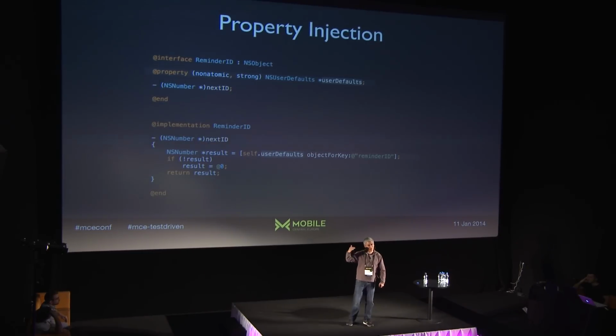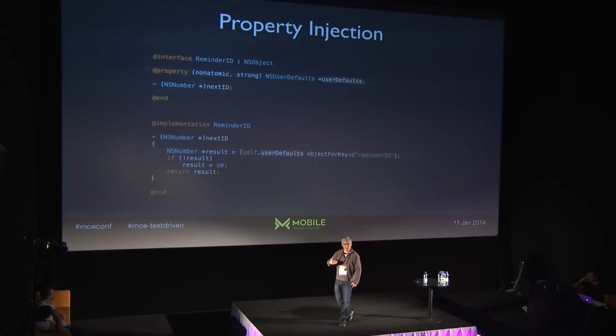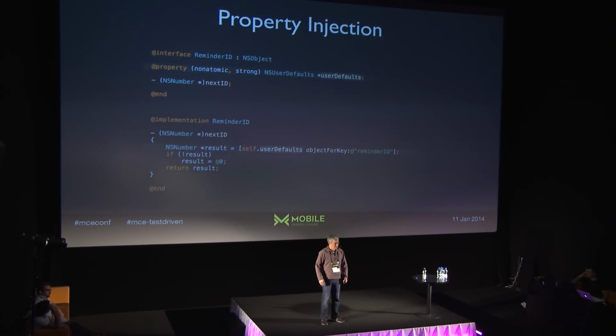That happens later after the object is made. So this is especially good for dependencies that are optional, or a dependency for which you already have in mind a good default to use.